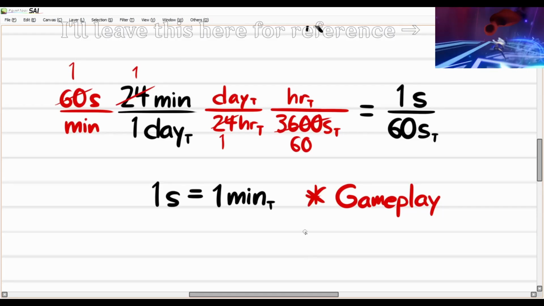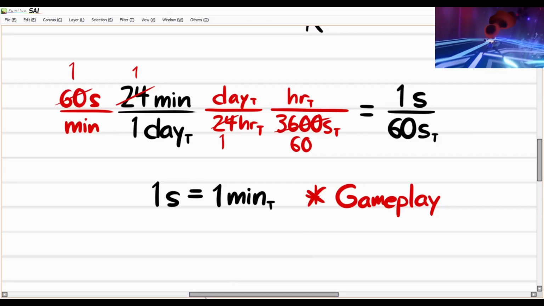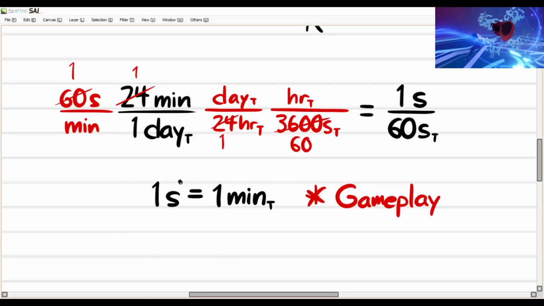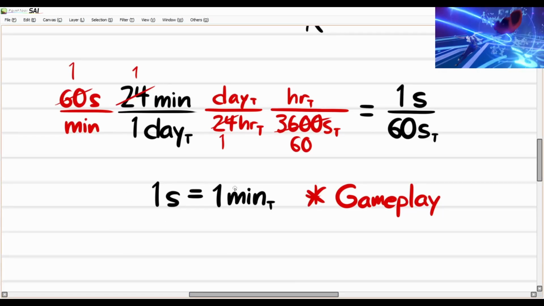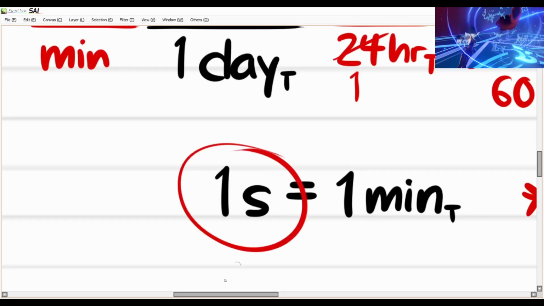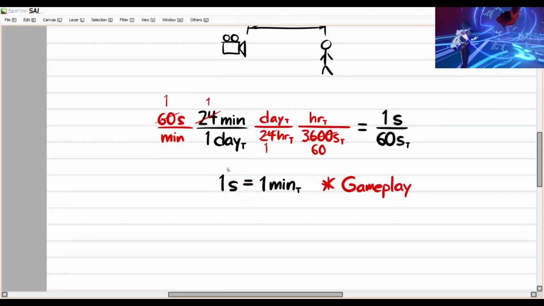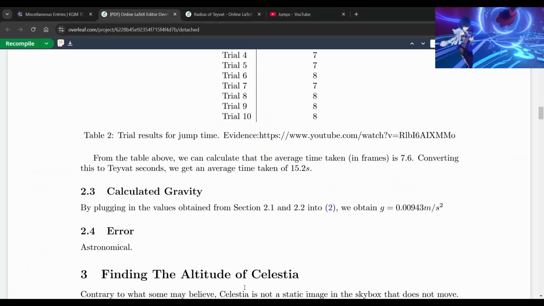When we look at the game, when we play the actual game, everything looks pretty normal. So when I did my calculations, I always just used the actual real life time that we measured from the number of frames. Again, this is their choice.